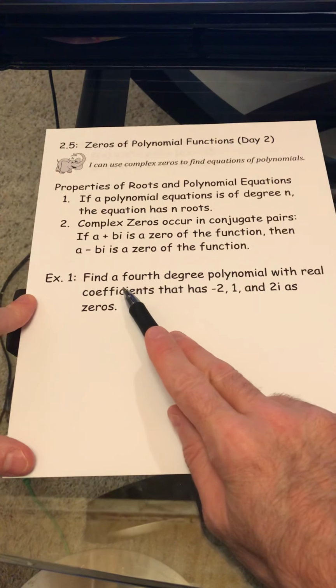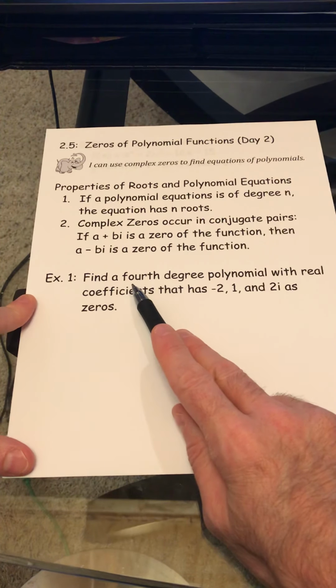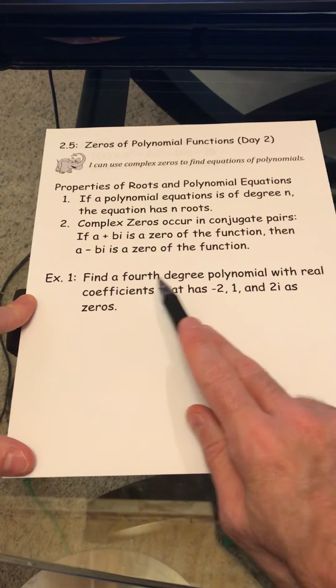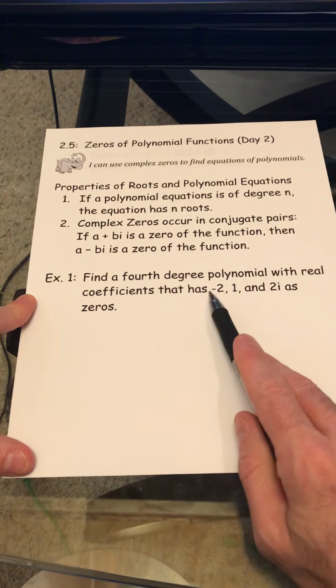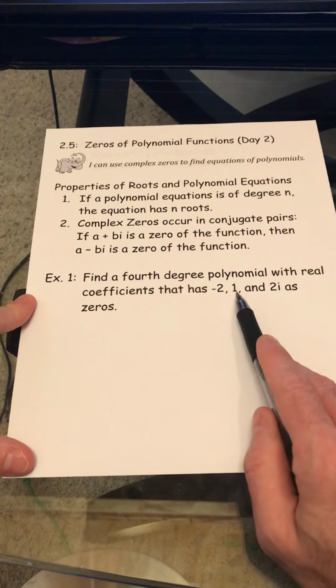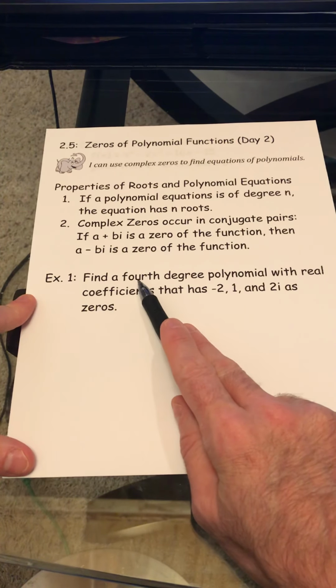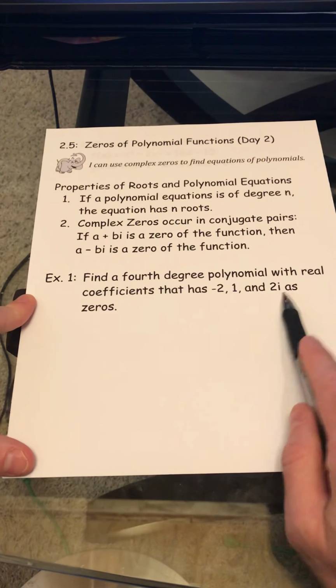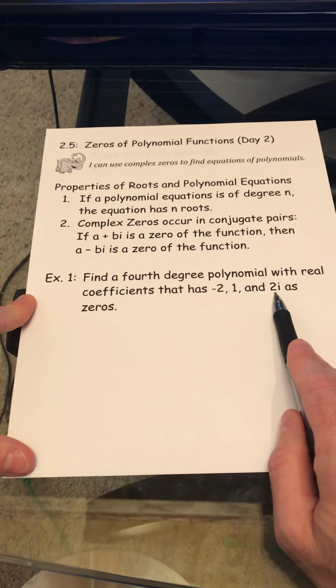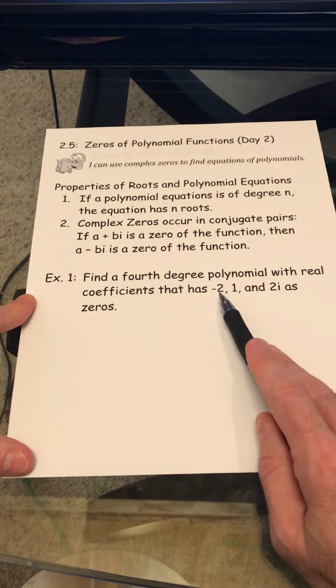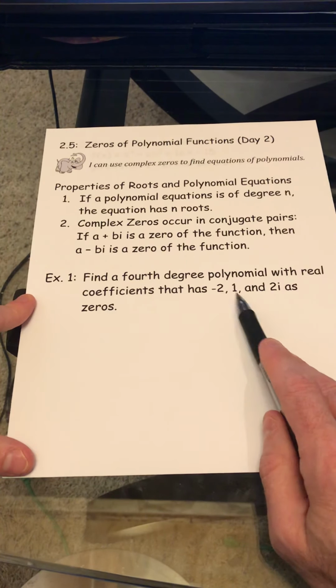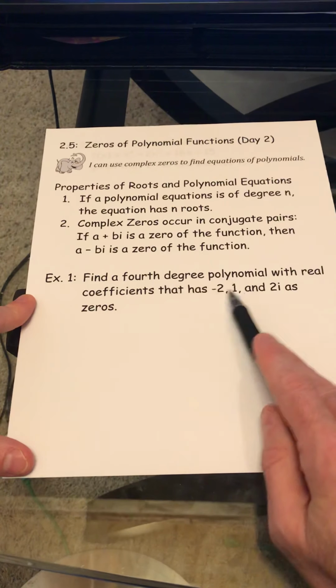This first example is where we're going to do a question working backwards. Find a 4th degree polynomial with real coefficients that has -2, 1, and 2i as zeros. They've told us it's 4th degree. We did some questions like this in the first half of chapter 2, where sometimes we would have a multiplicity involved because the degree didn't match.